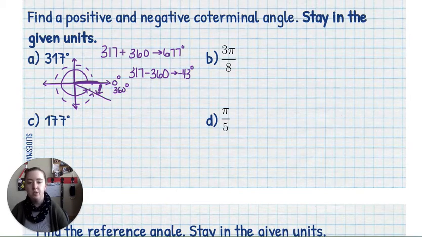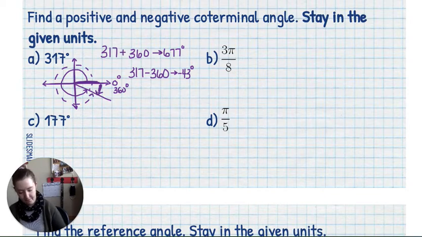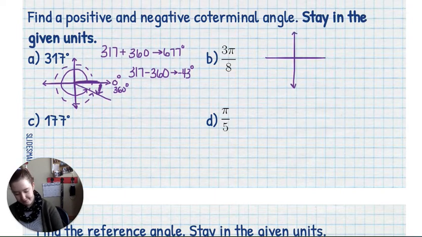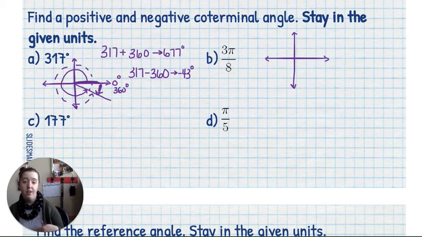Cool. In this next one, we have 3 pi over 8. So let's think of 3 over 8. 3 over 8 is a little less than a half, right? So let's draw a picture. So 3 over 8 is a little less than a half. So that means I'm a little bit less than pi over 2.